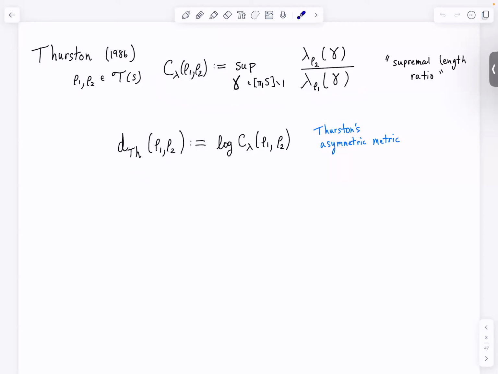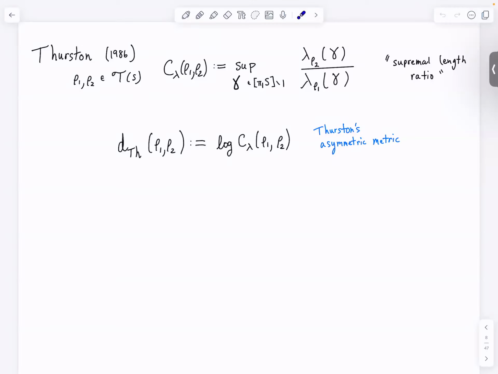Of course, it's equal to 1 if they're the same. And so taking log, I do get a non-negative function here, which is positive whenever we have two distinct metrics. So it satisfies two out of three conditions of the definition of metric, but unfortunately, it's not symmetric.